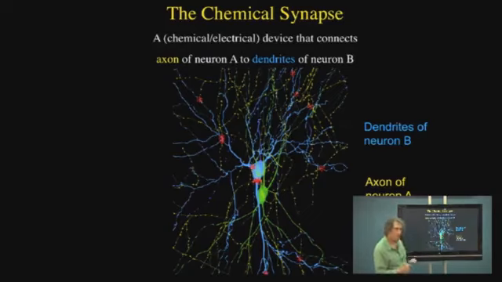So there are these two cells, and I will call the green neuron with its white axon the presynaptic cell.